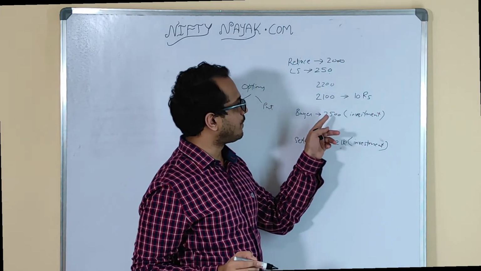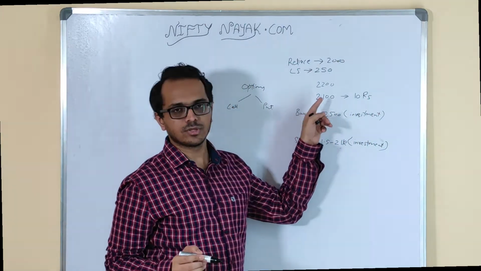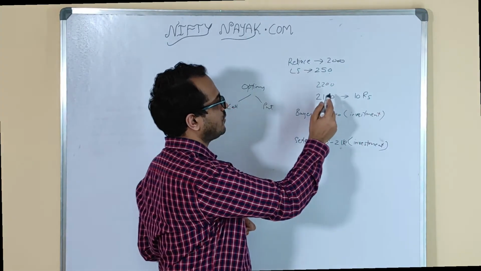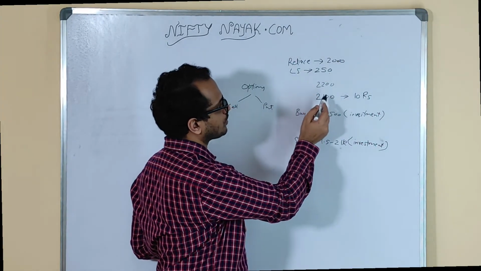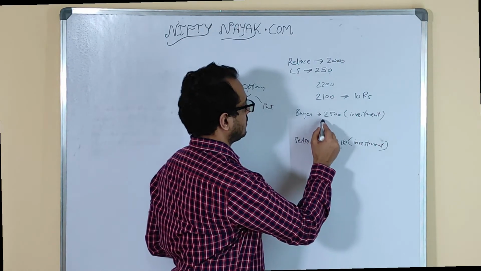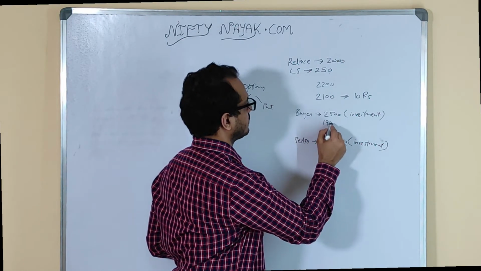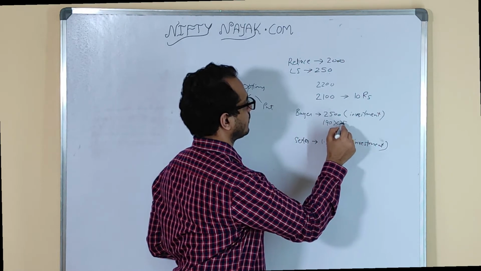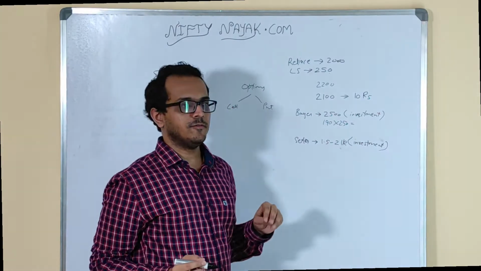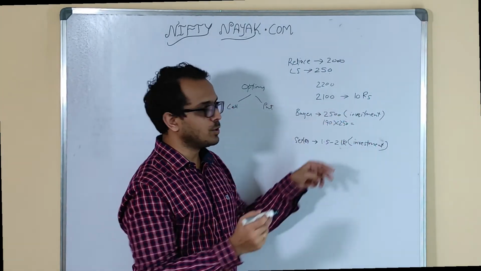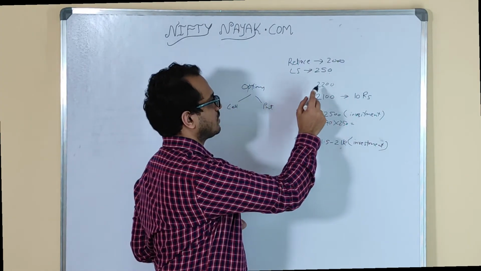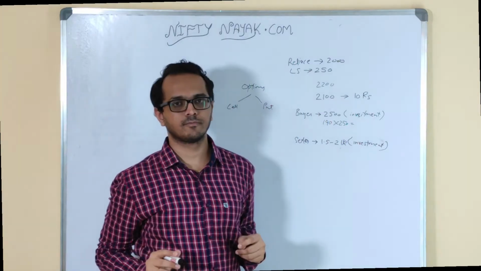So if there is a buyer who has bought 2100 call at 10 rupees, then he has made a profit of 2200 minus 2100 minus 10 rupees, which is 90 rupees into 250. So this will be the profit of a buyer. Whereas the seller will be losing the same money if the Reliance closes at 2200.